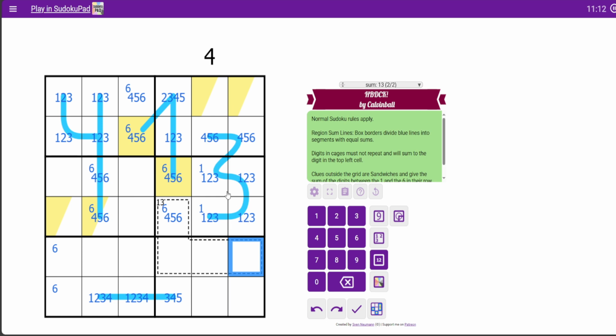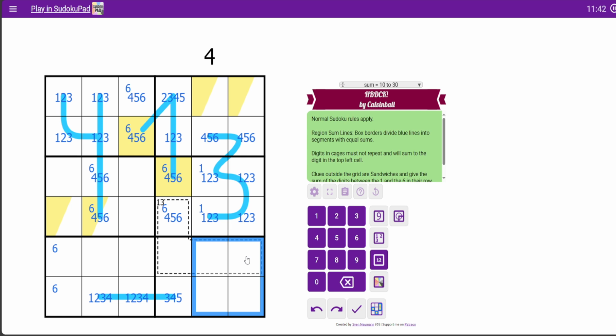Am I missing something? 1 2 3, 1 2 3, 1 2 3. That digit is going to be either of those. 6 is not there, so 6 is either of these. If we do 6, 1 2 3 is 12, so let's have a think about that.